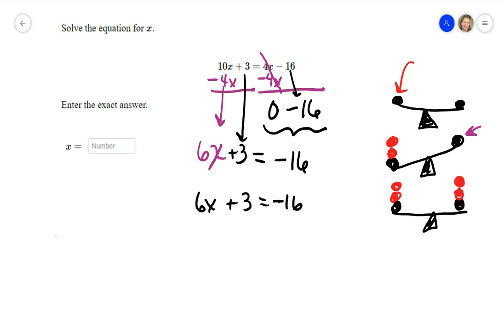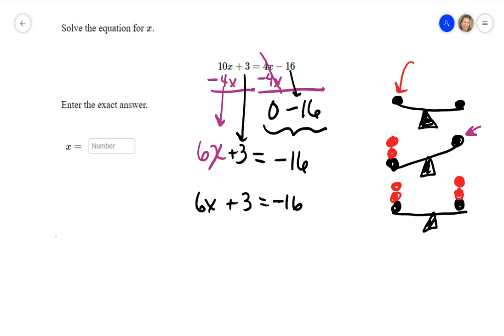So I have my x term on the left side, but he's not alone. Remember, your last step should say x equals some number. Right now, we have 6x plus 3 equals some number. I just want the x. So I have to systematically get rid of the 3 and the 6.